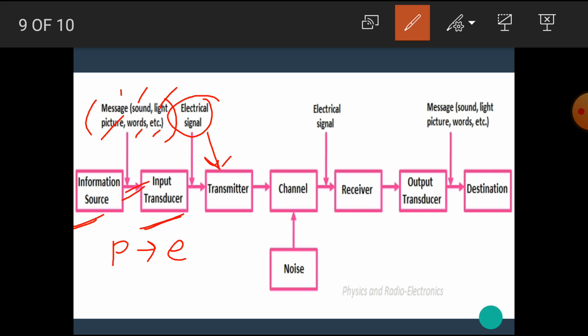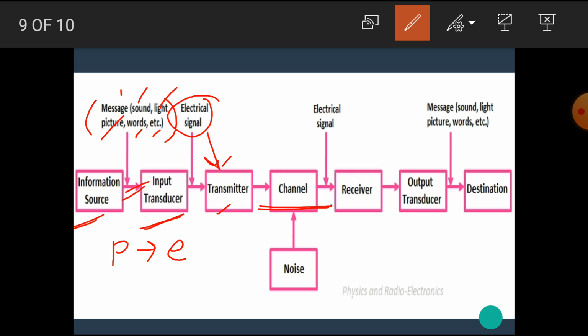That means if the strength of the signal is weak, then it is strengthened by using the amplifier block, or if the electrical signal is analog, then it is converted into digital by the A to D converter in this block. Whatever signal processing happens, the processed signal is given to the channel or the medium.